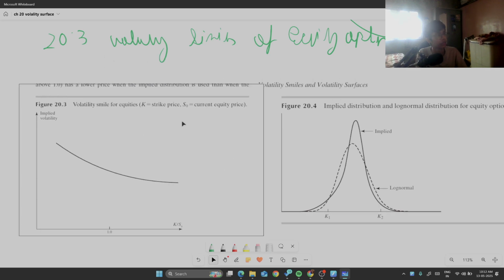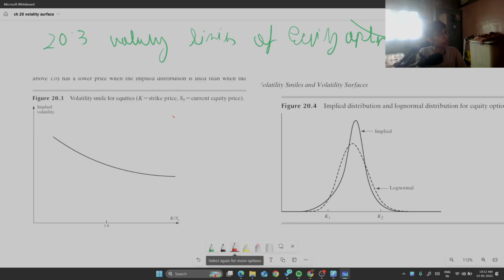It is observed like this. As the strike price increases, the volatility decreases, and at a lower strike price the volatility is more, and this is because of the distribution of implied volatility.